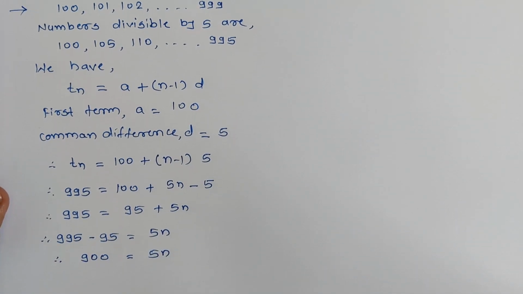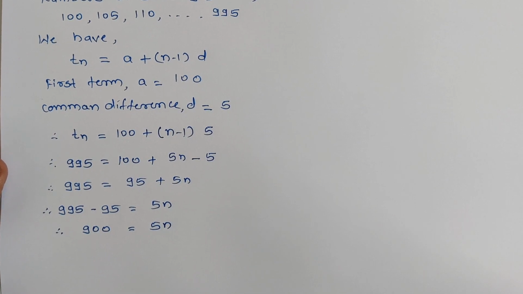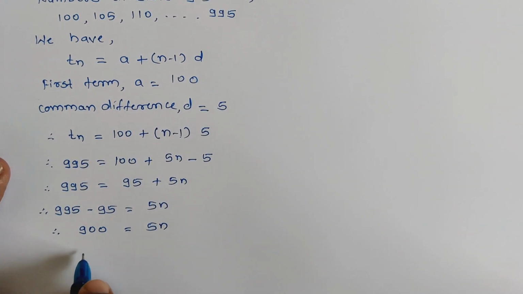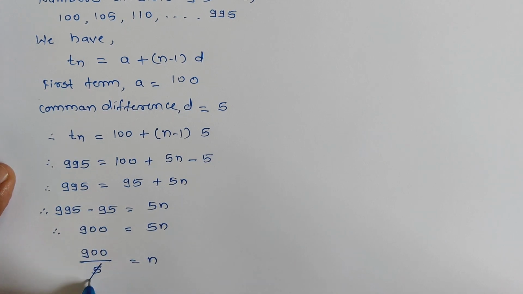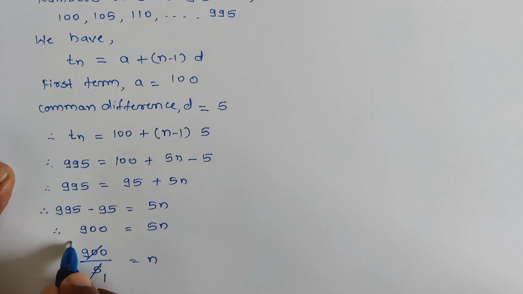We have to find the value of n, that's why transfer 5 to the left hand side again, so as to get 900 divided by 5 is equal to n. So if we divide by 5, we'll get 5 ones are 5, 4 is remaining, 5 8s are 40 and 0.